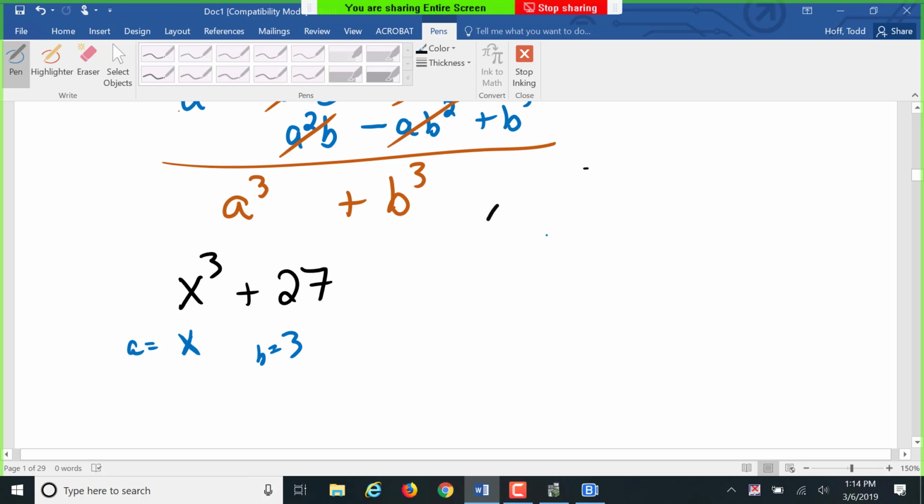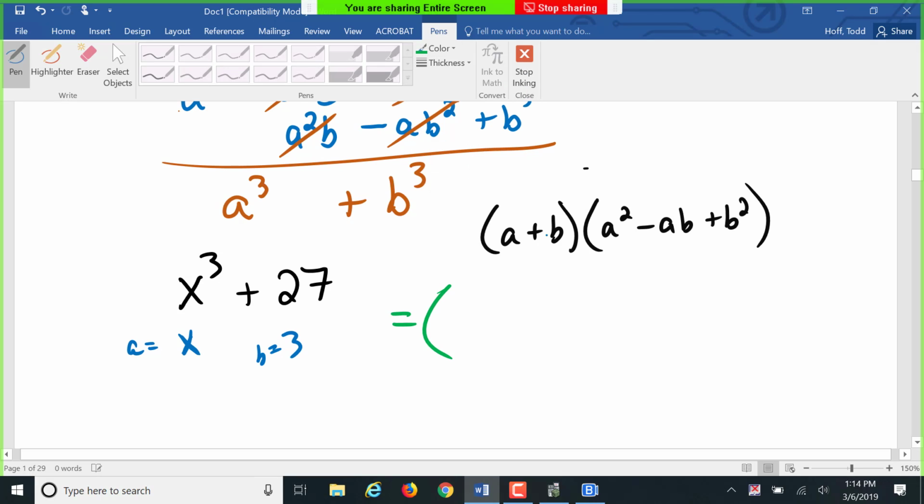And the form we had was a plus b times a squared minus ab plus b squared. So a plus b is going to be x plus 3. A squared is going to be what?